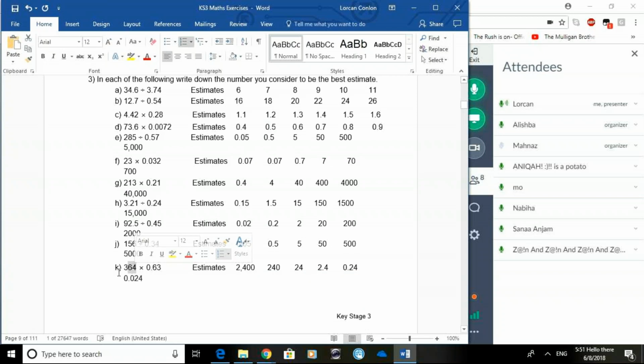It rounds up, yeah. It's greater than 5. So instead of being 300, it's going to be 400. Okay? Then we're going to have 400 multiplied by, what is 0.63? This number here, this 0.63, to one significant figure.